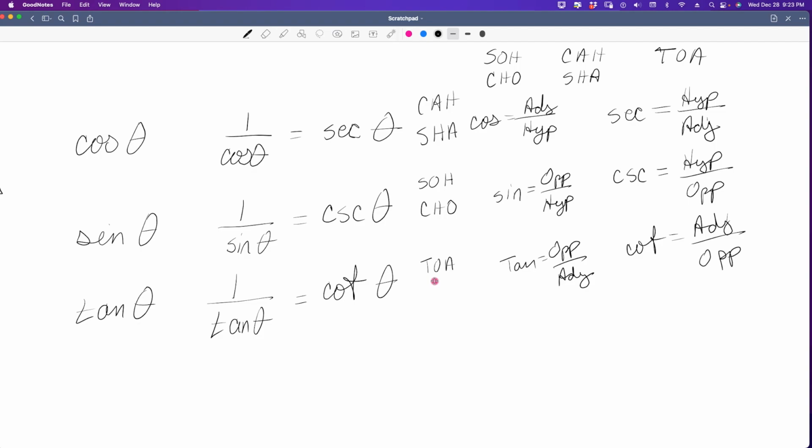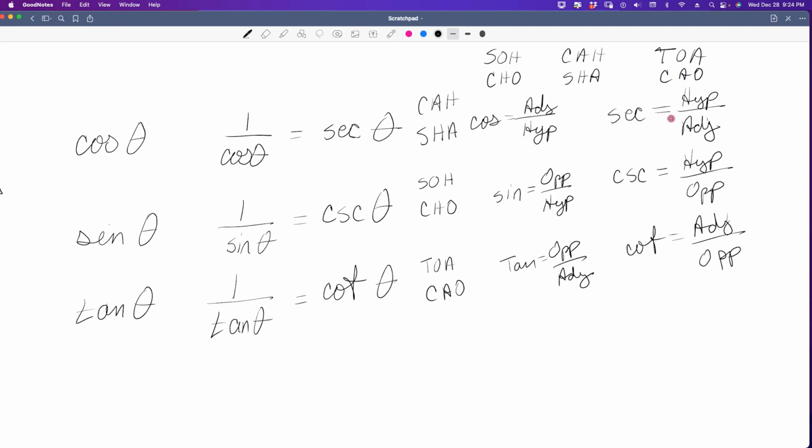So that's KO. CHO, SHA, KO is the reciprocal, not the inverse. It's the inverse in mathematical notation, but it is the reciprocal of your trigonometric functions.